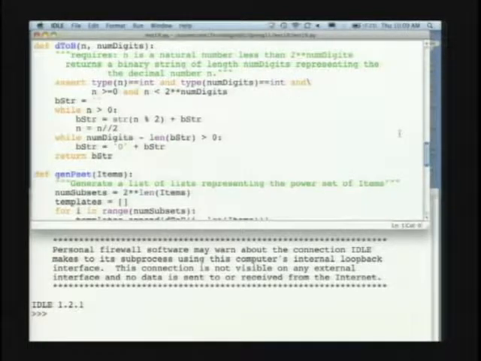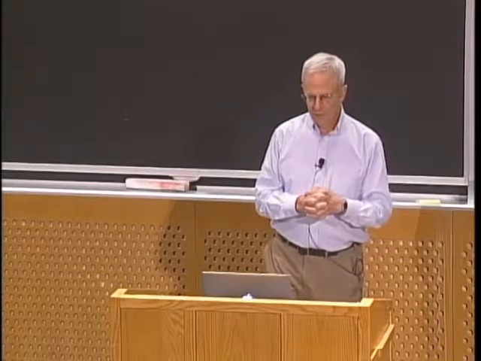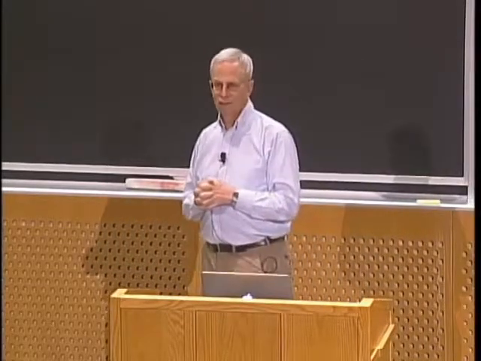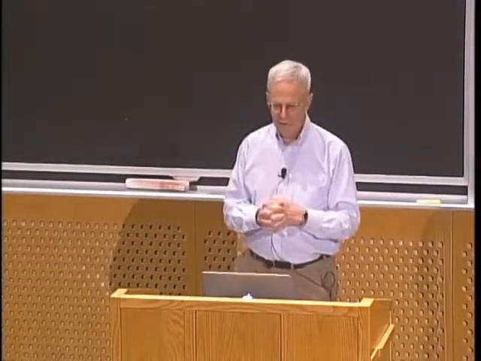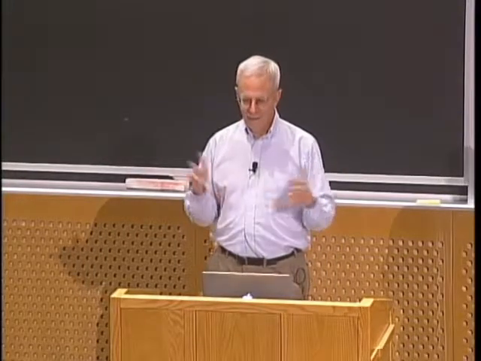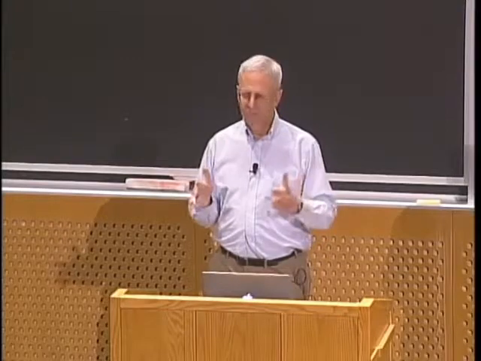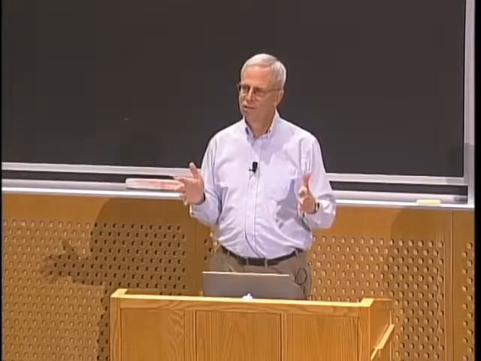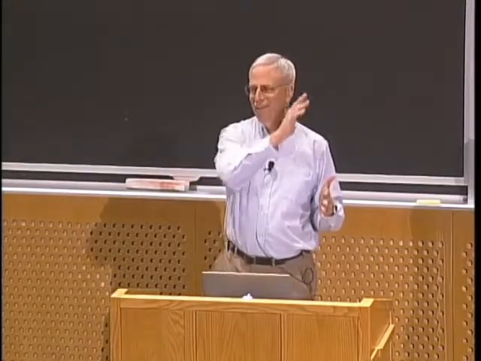So the first helper subroutine I'm going to use is something that generates binary numbers. It takes an n, some natural number, and the number of digits, and returns a binary string of that length representing the decimal number n. Why am I giving it this number of digits? Because I need to zero pad it.